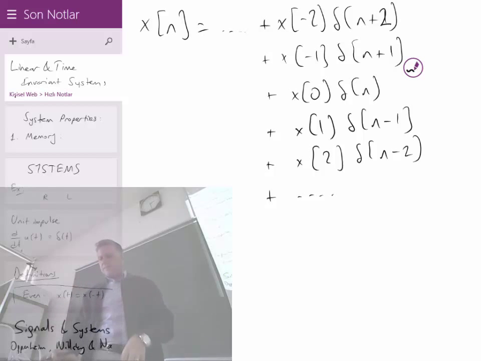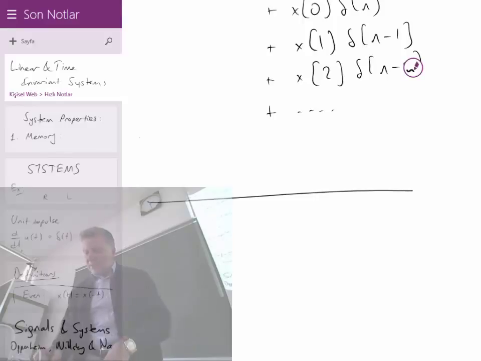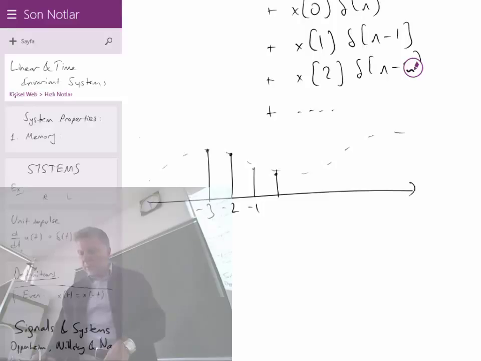So this combination, how can we visualize that combination? For instance, let's think of a signal with some values at minus 3, at minus 2, at minus 1, 0, 1, 2, 3, etc. This is your x of n, you see?